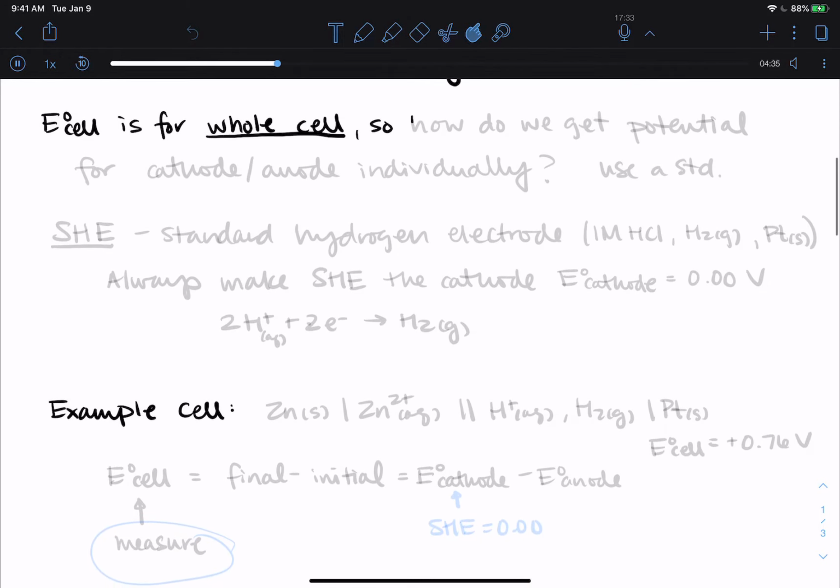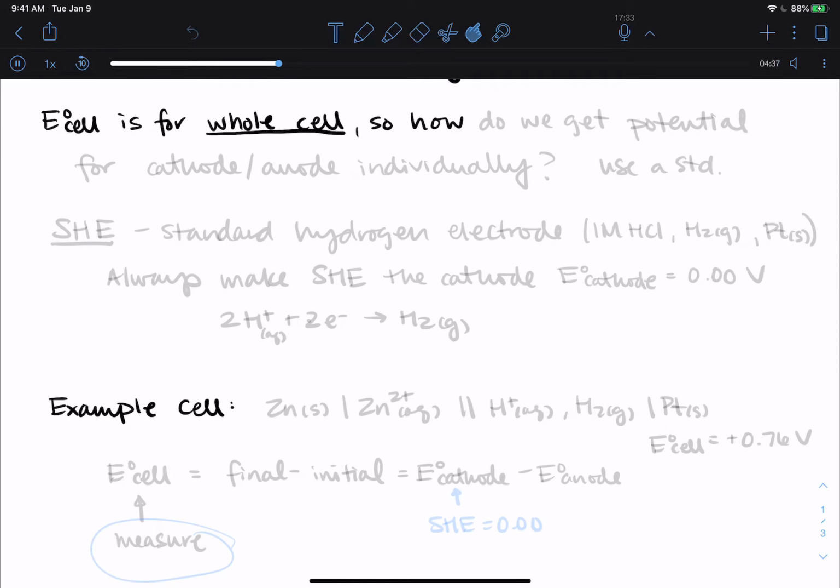So the question is, how do we get information about the cathode or anode individually? So how do we get potential values for the cathode or anode individually?